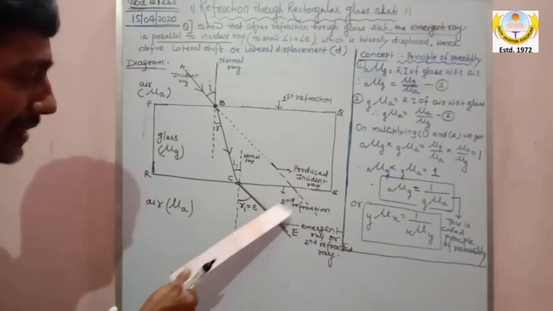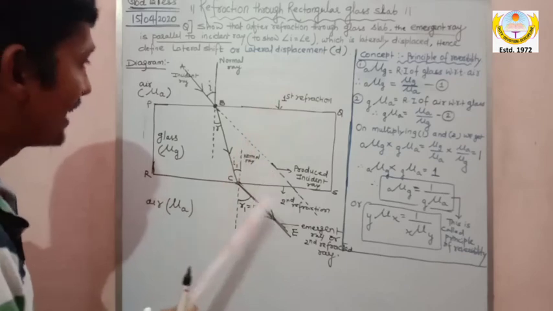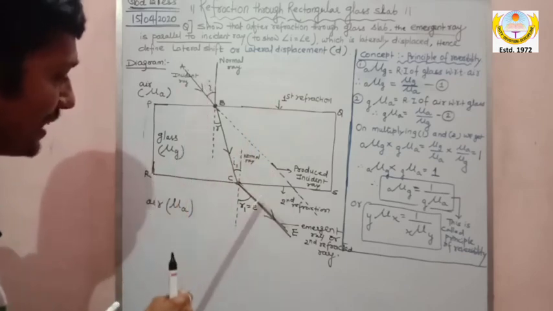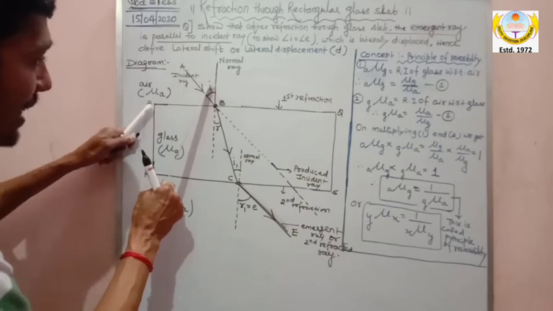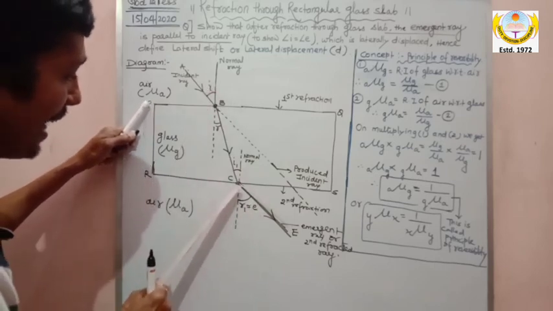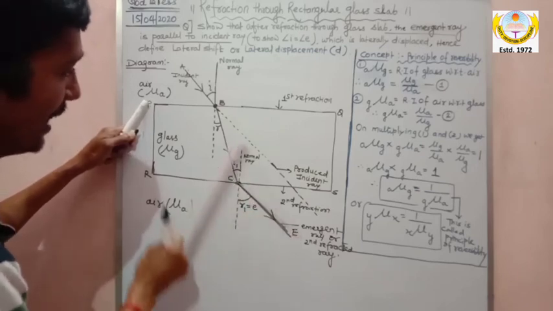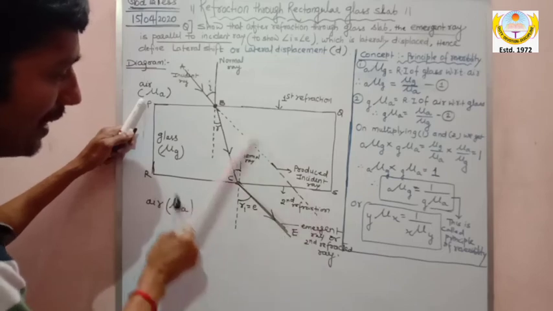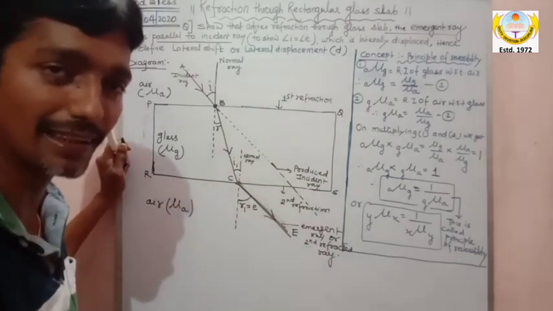From diagram I can see they are parallel. Okay, and second thing, this angle I and this angle E, when they become equal, when I prove that angle I and angle E are equal, then only I can say the ray CE and the incident ray are parallel to each other. I hope it is clear, bacho.